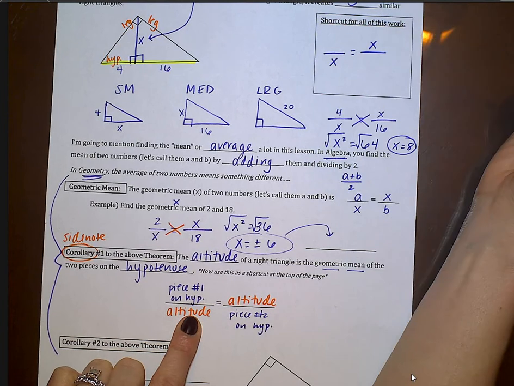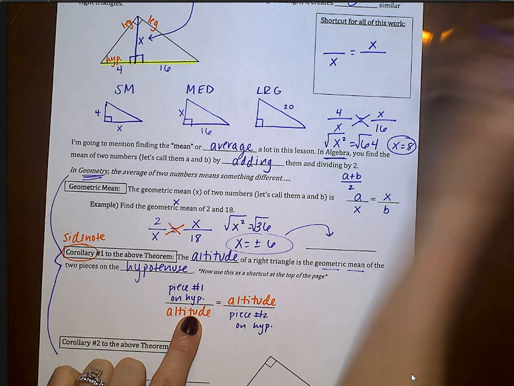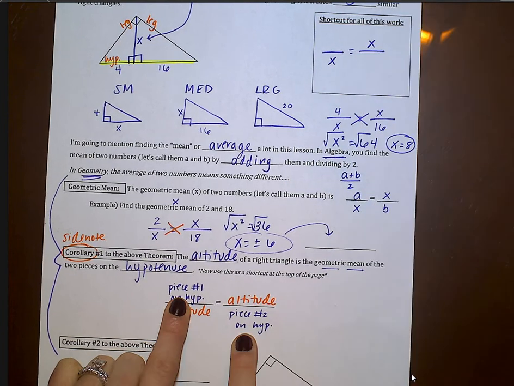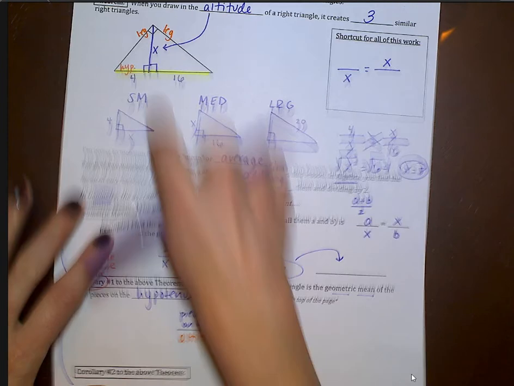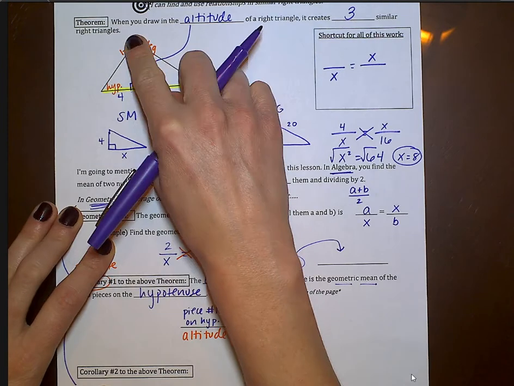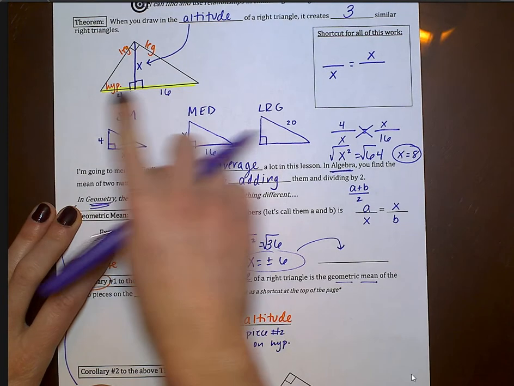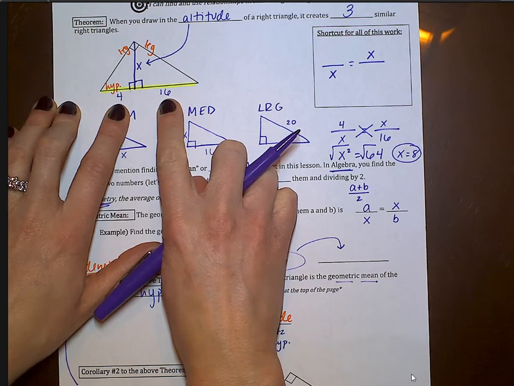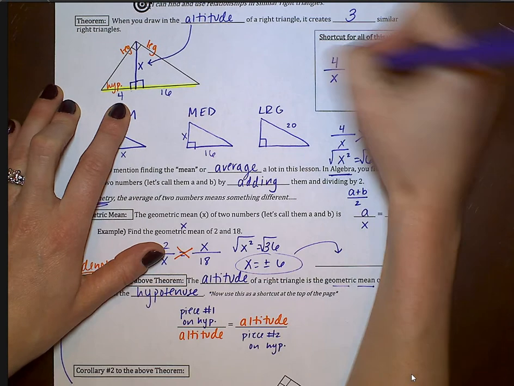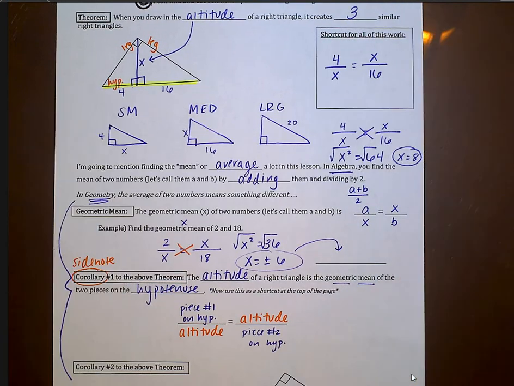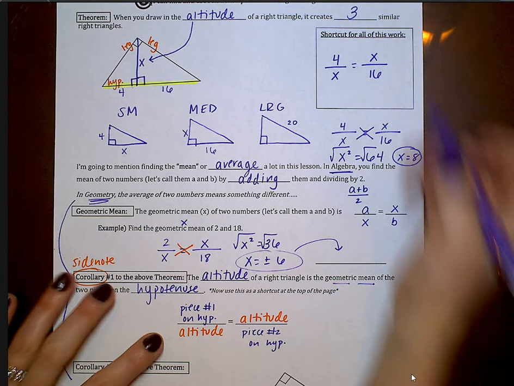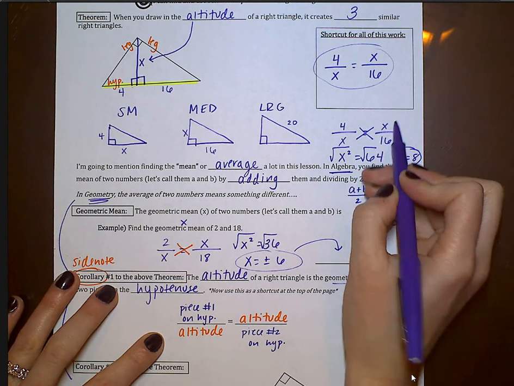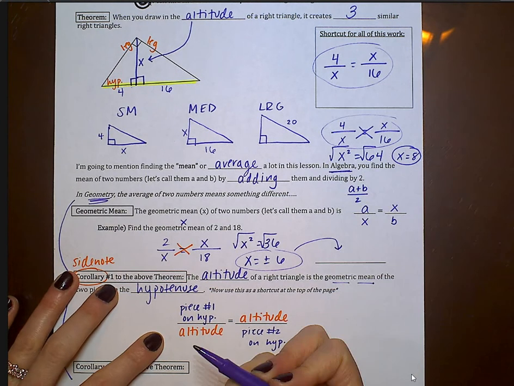That's the altitude. And on the other diagonal, I would put the 2 pieces on the hypotenuse of this, and you're only really thinking the big triangle. So here's the hypotenuse, the piece I highlighted. The 2 pieces are 4 and 16. Those numbers would slide into the other slots. And as you can tell, that's the same proportion that I ended up writing right there, but I didn't have to do any of that work.